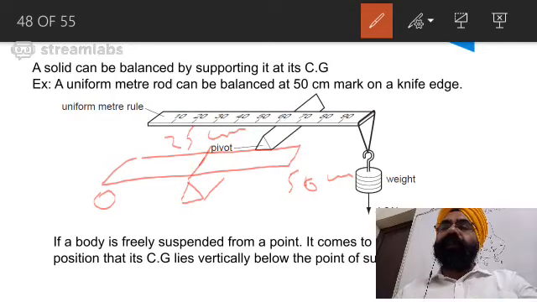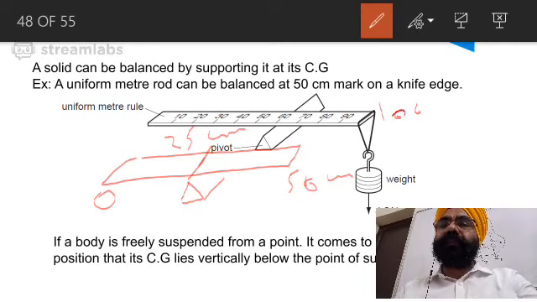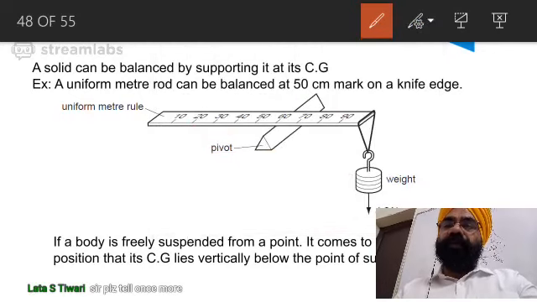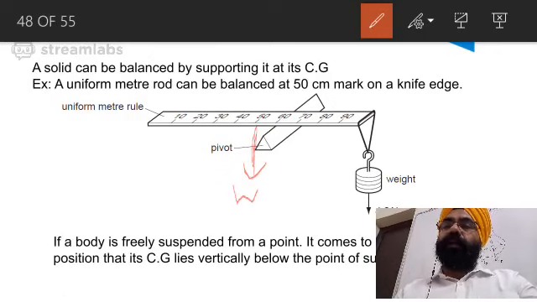Now here in this figure, it is not at the midpoint. This is a meter scale, which means this side we have 100 centimeters and this side we have 0, and the knife edge is placed at 60. We know that the entire weight of the body can be considered as a point acting at 50 centimeters, which means the body will turn anti-clockwise.